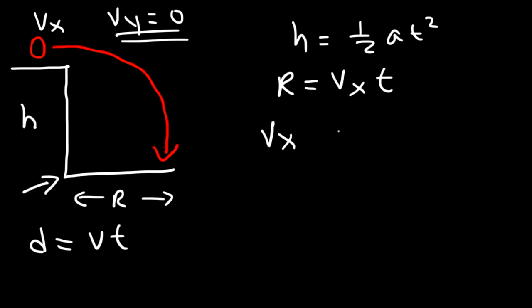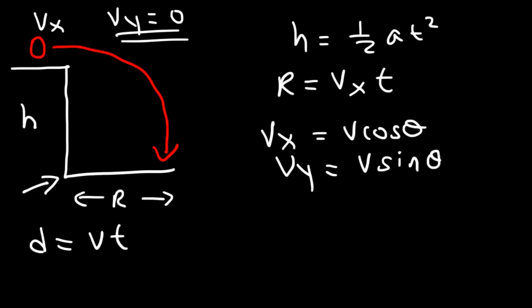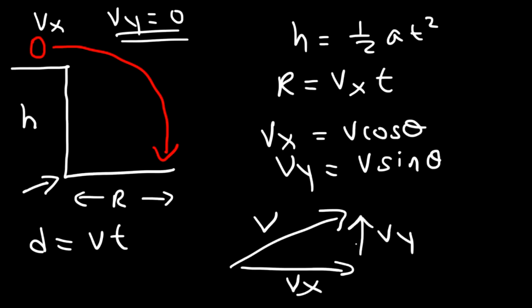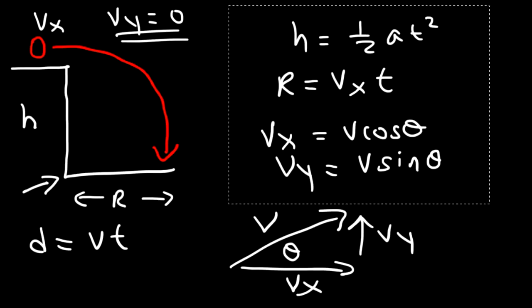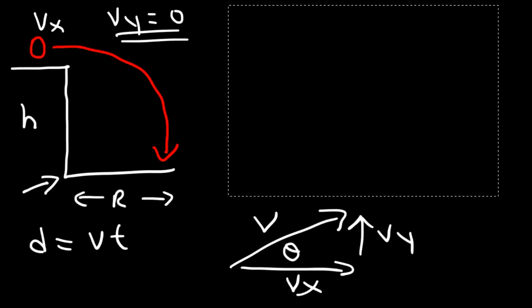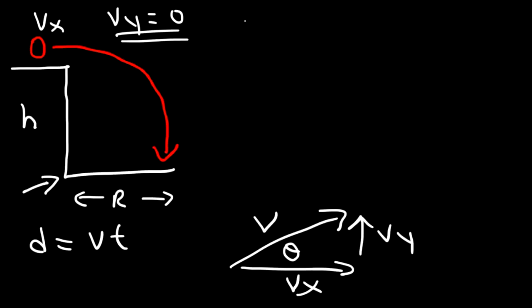Now, Vx is V cosine theta, and Vy is V sine theta. It's based on this triangle. Here's V, Vx, and here's Vy, and here's the angle theta. Now, according to SOHCAHTOA, perhaps you've seen this if you've taken trig, S stands for sine.